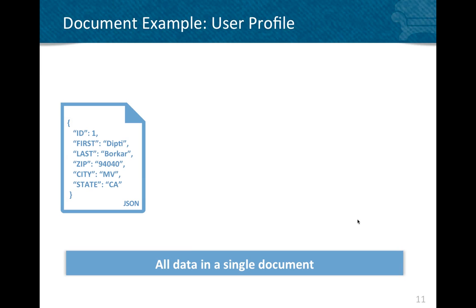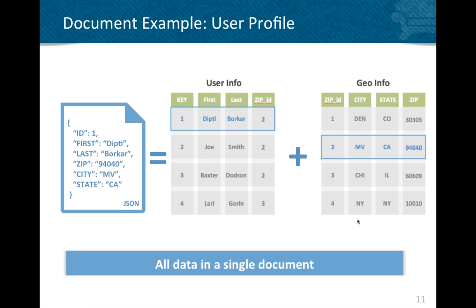Now, how would this map to the document model? In a document model, the first thing is all the information about a specific object is stored in one document, in the most simple case. And so here we have a document with information about me, so my first name, last name, zip, and city, and so on.